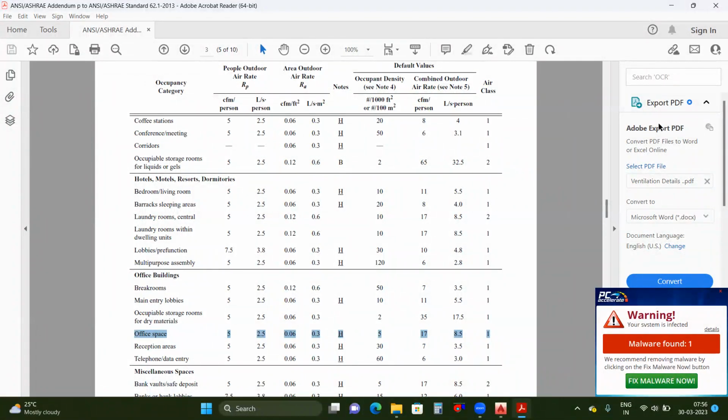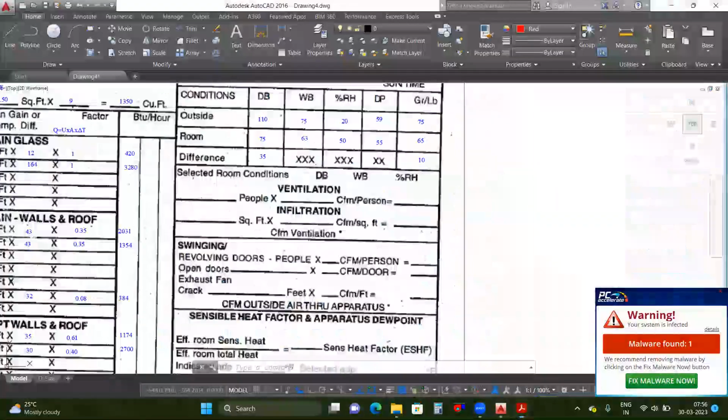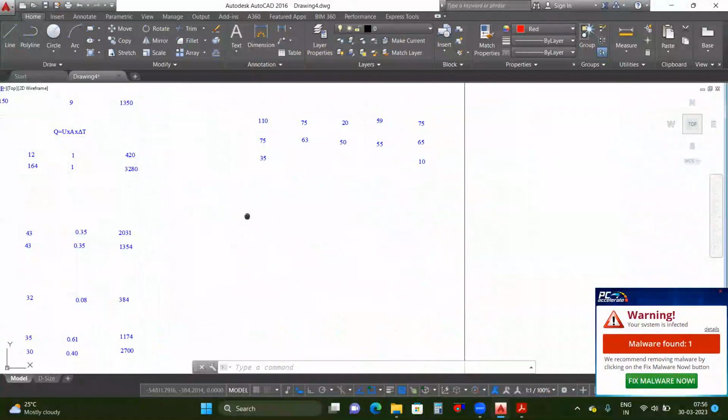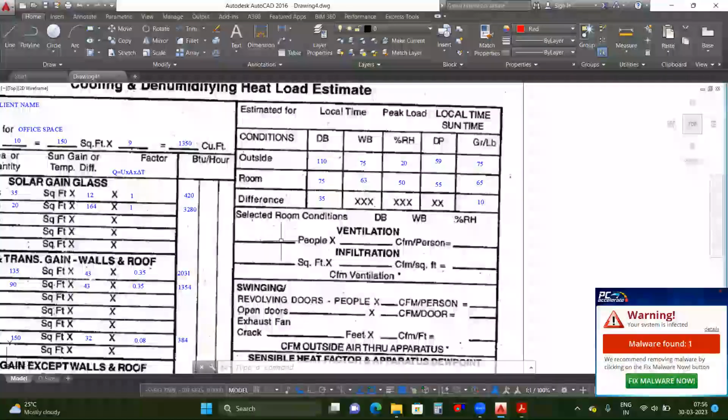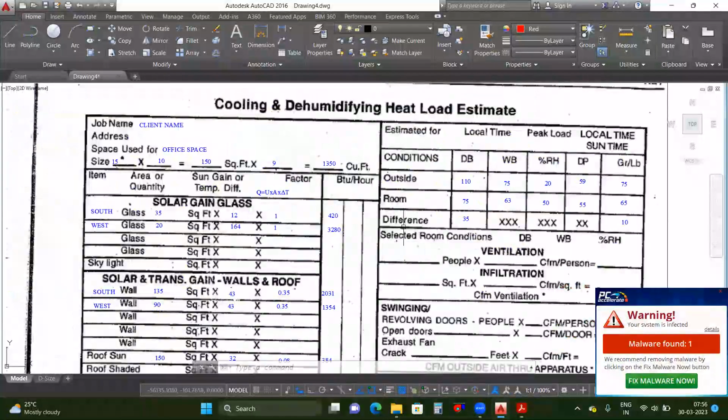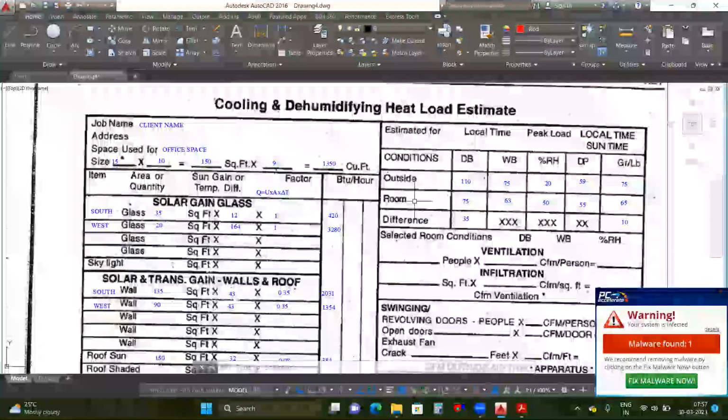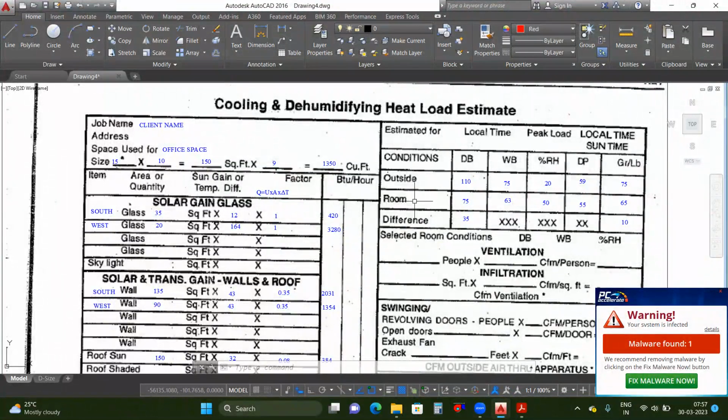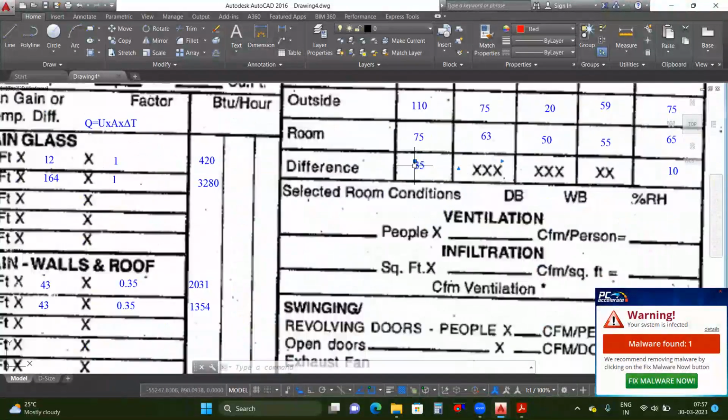Okay, so first we will go to the data sheet, our sheet, and first we have to enter the number of people. If you see, the office space is 150 square feet. So maximum how many people can sit? They can sit around 3 or 4 members. If you assume 3 members, we can take 3 members here and calculate it.